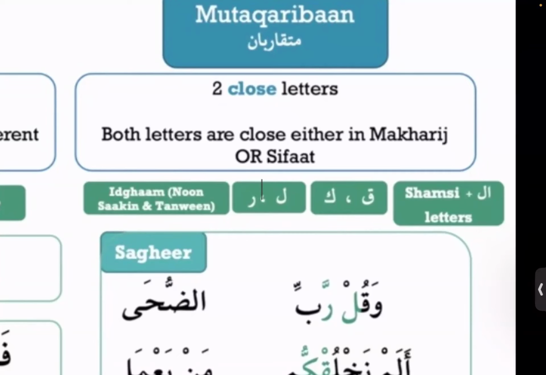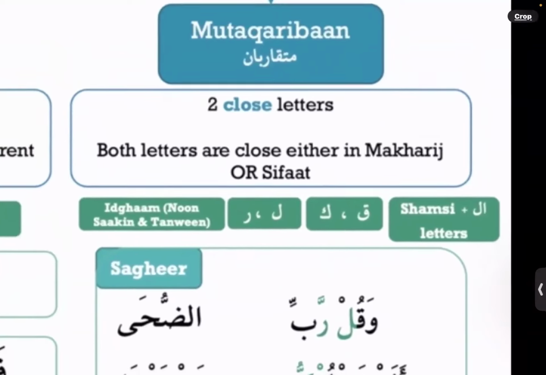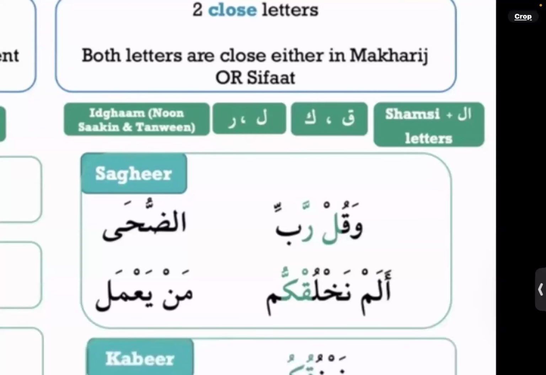Another example of mutaqariban is lam and ra, which come from the same or similar places. Qaf and kaf. And what do you know? Also something familiar. When you have the article al followed by a shamsi letter, a solar letter, exactly like we talked about, ash-shams. And thus, these are mutaqariban letters.